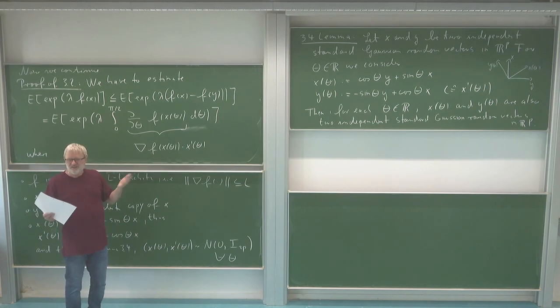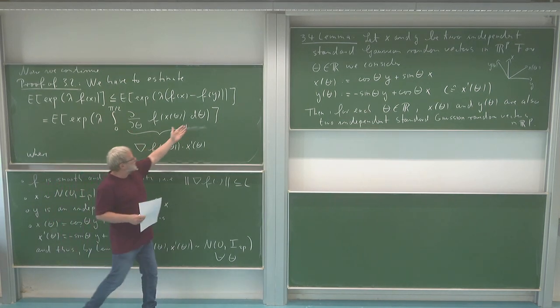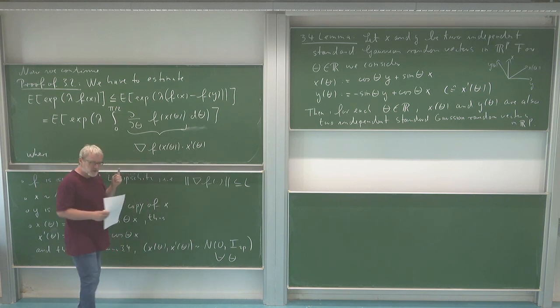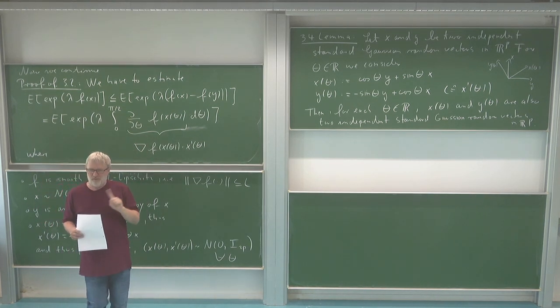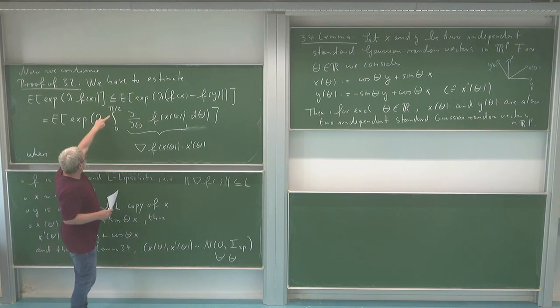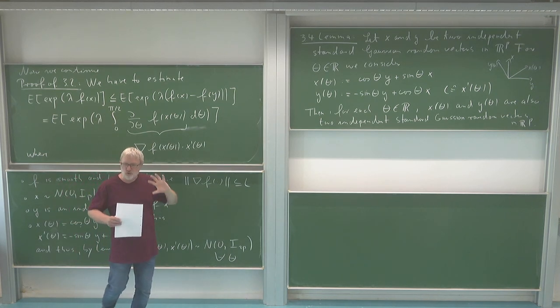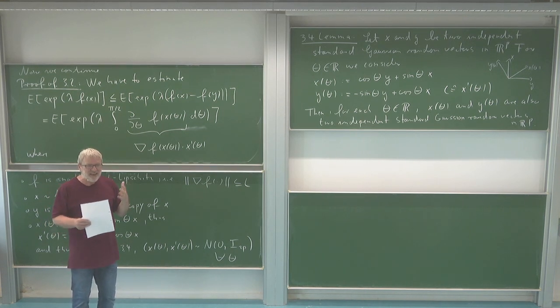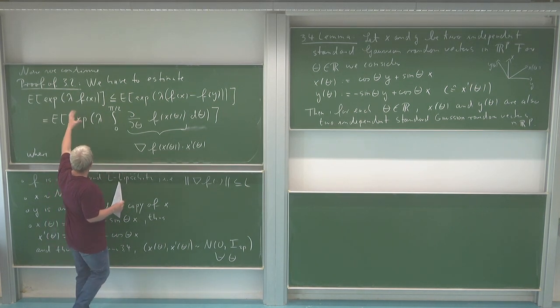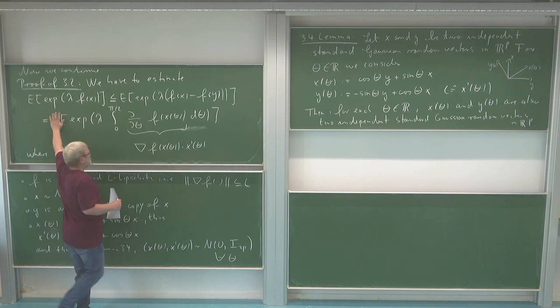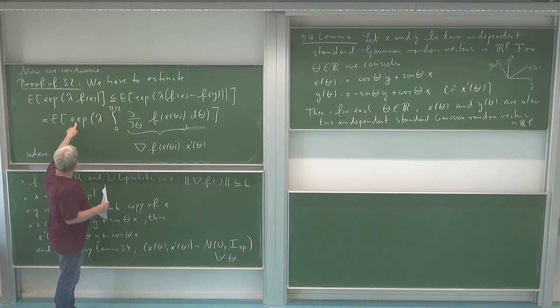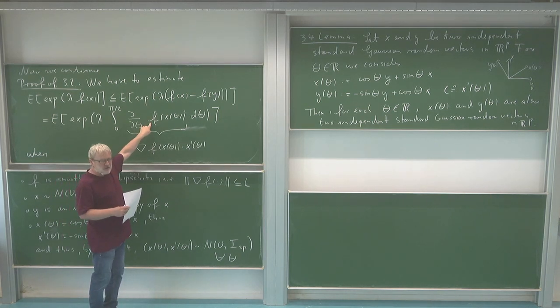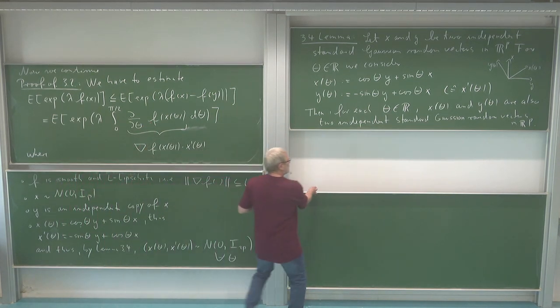This is just taking the expectation with respect to this measure, but I should make it a probability measure, because it's really important in Jensen that I need a probability measure. So I should divide here, since the integral from 0 to pi over 2 has total mass pi over 2. I should normalize this so that it is a probability measure, and then I can apply Jensen for this specific situation. I mean, this expectation doesn't play a role at the moment. I just want to bring this exponential to this guy here. Okay, so that's what I'm doing now.